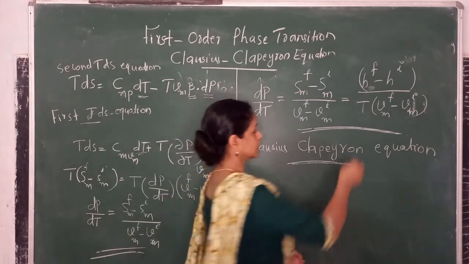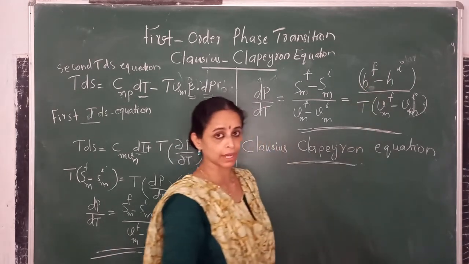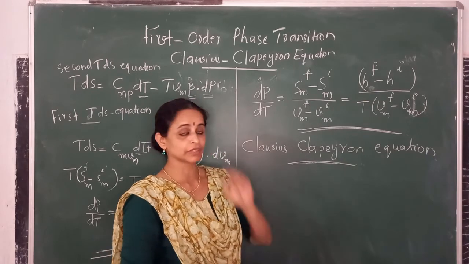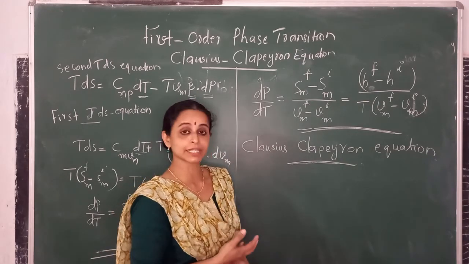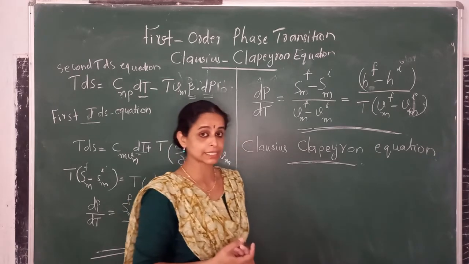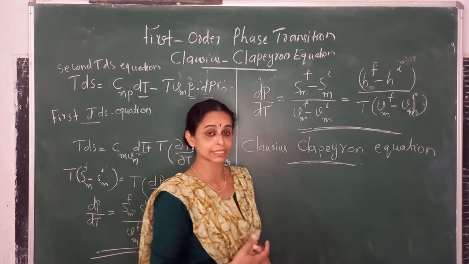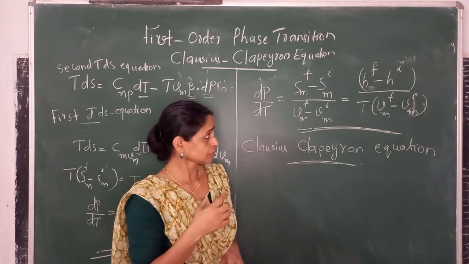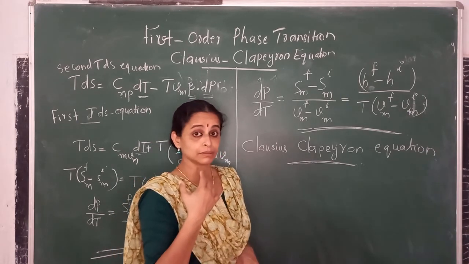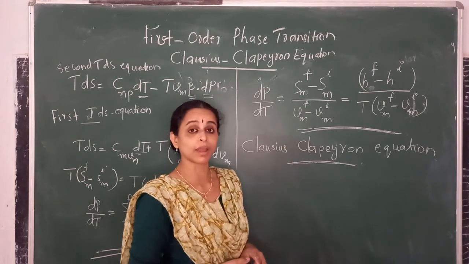This H is also known as molar latent heat. We have discussed earlier that during phase transition, this enthalpy can be called latent heat. So here it is molar latent heat.